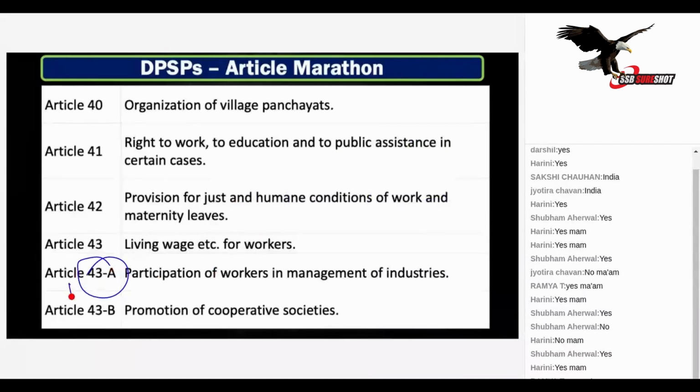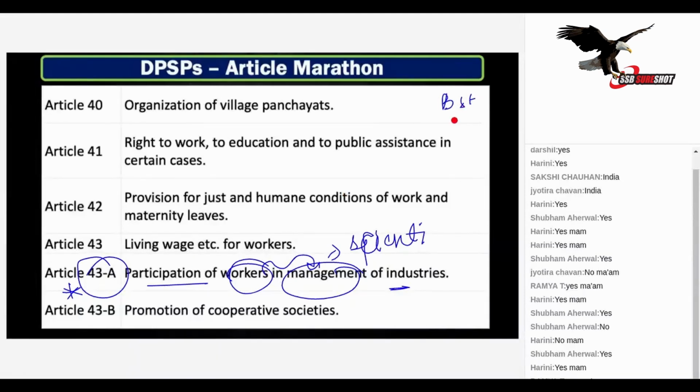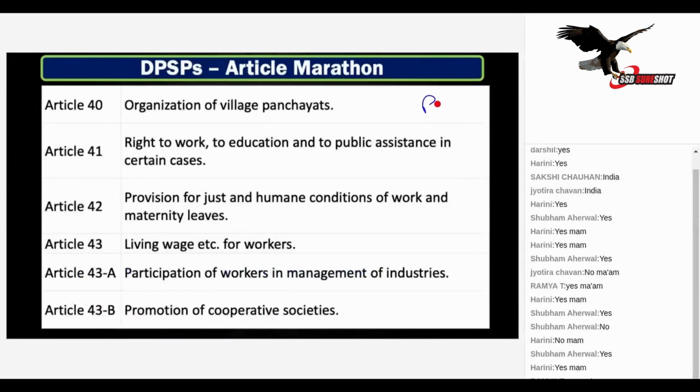Article 43A is important. It gives participation of workers in the management of industries. It will open the brains and motivate them to get literate. If someone is from business studies, they must have seen the 14 principles of management, in which one principle says that participation of workers is also necessary in policy making.